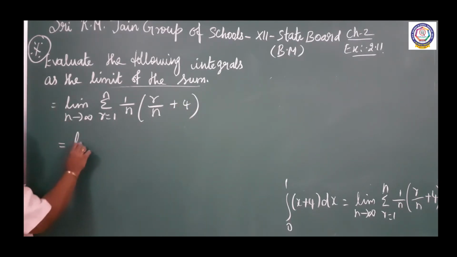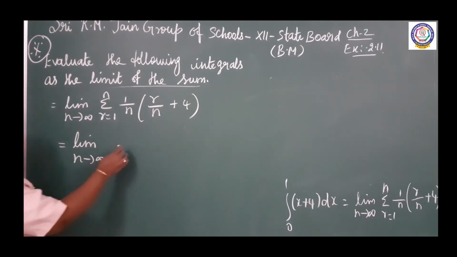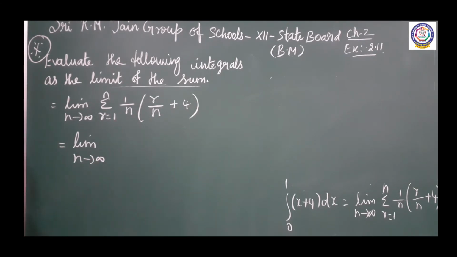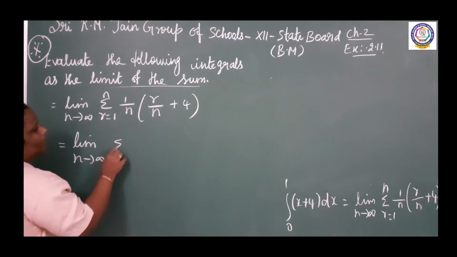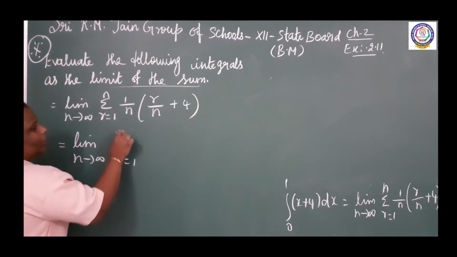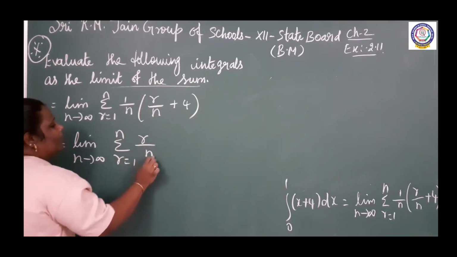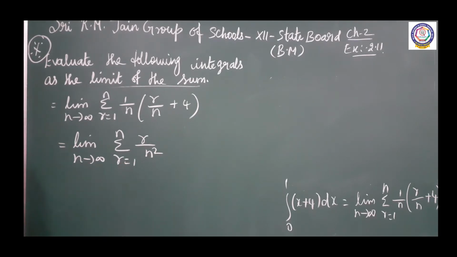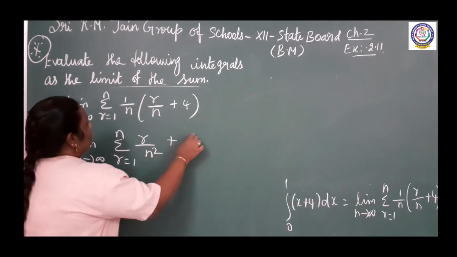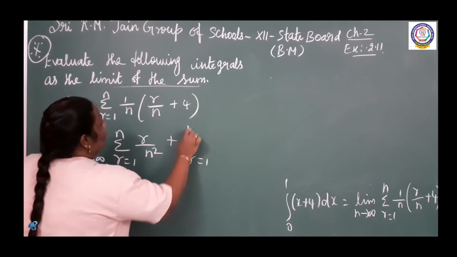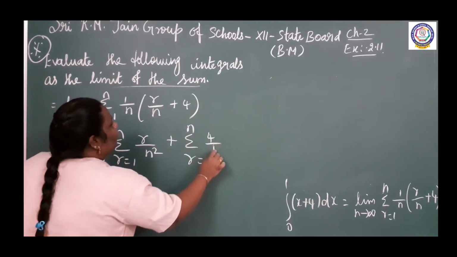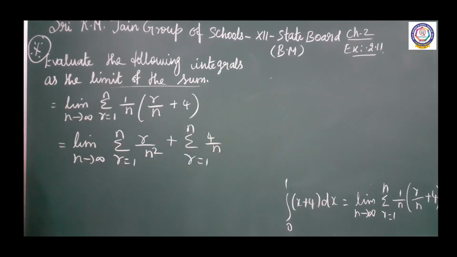It gives limit n tends to infinity, and you can keep it inside that value: sigma r equal to 1 to n, r by n square, plus the same way, sigma r equal to 1 to n, 4 by n.